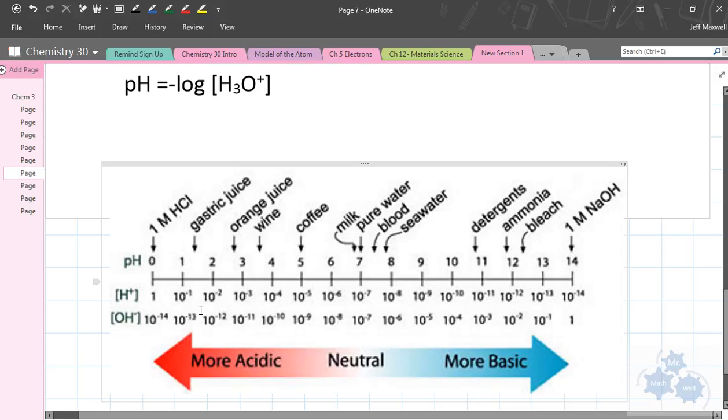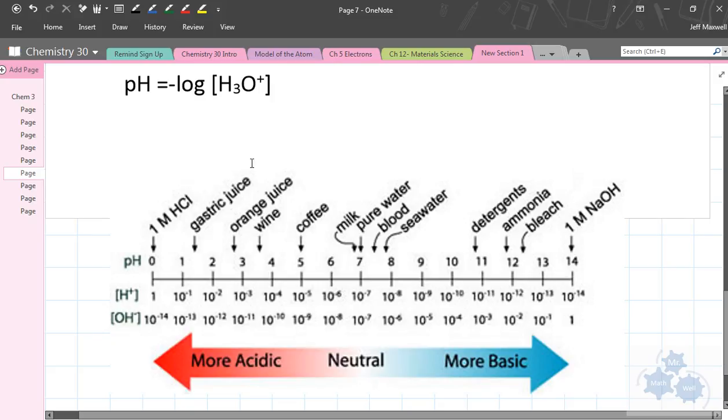And on this chart, it's a good way to understand where that comes from. For example, let's go back to coffee. A pH of 5 means that the hydronium ion concentration is 1 times 10 to the negative 5. If we go over what logarithm means, for those of you that aren't familiar, logarithm is a way to get the exponent, in this case, of base 10. It's the way to talk about that exponent. So 10 is raised to what power?